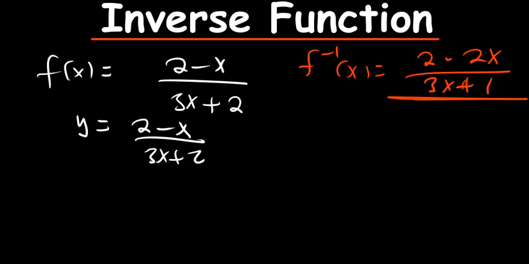Interchange them from here, directly. Where there is x, put y. Where there is y, put x. So this is going to be x being equal to 2 minus y, divided by 3y plus 2.